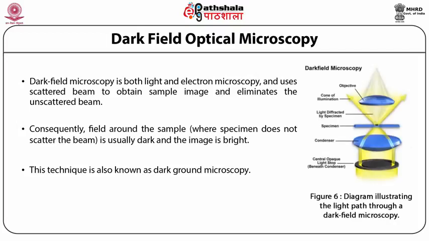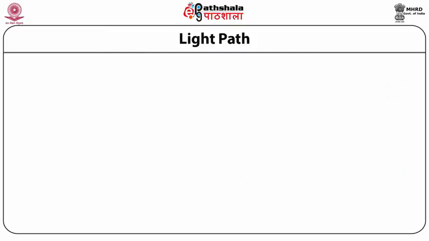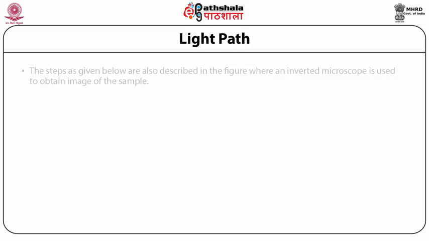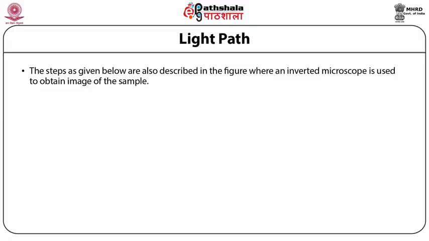Figure 6 shows the diagram illustrating the light path through a dark field microscopy. Now, let us consider the light path. The steps, which are given below, are also described in the figure 6, where an inverted microscope is used to obtain image of the sample.